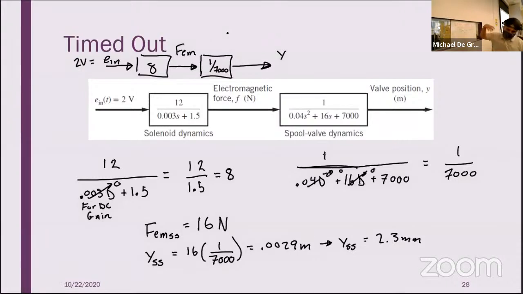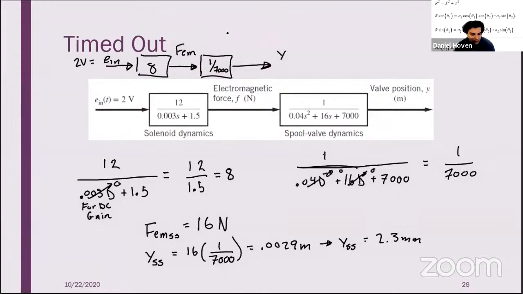What if you were asked to find the DC gain for the entire system? That's a fancy way of me asking you to collapse this block diagram into a single transfer function. If I wanted to make a single transfer function here, how would I do it? Multiply the 2 blocks.